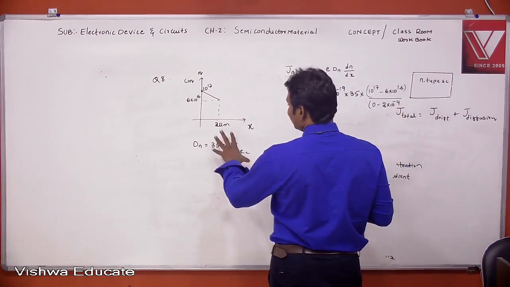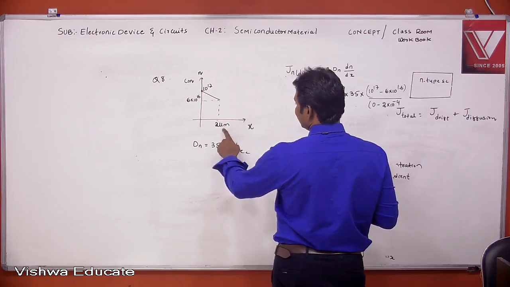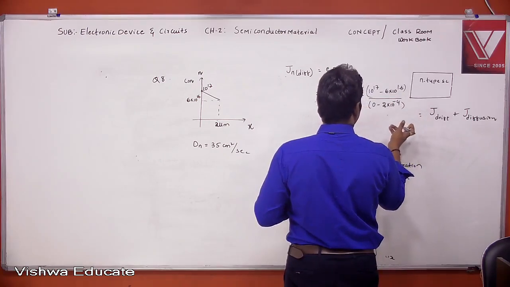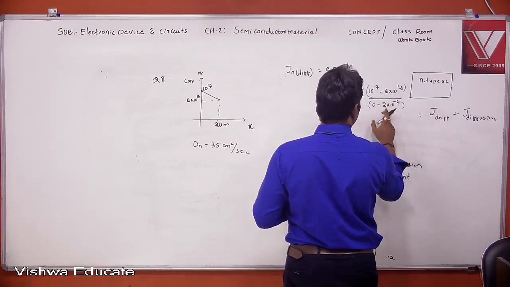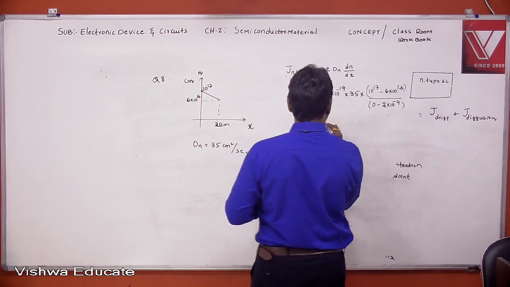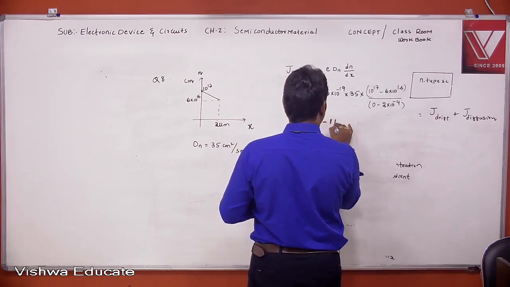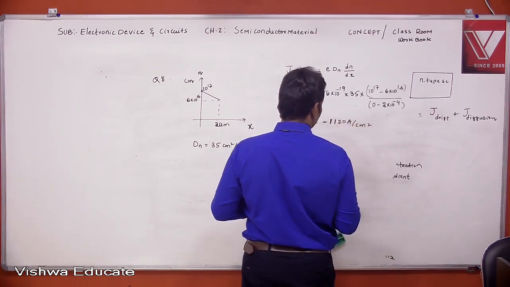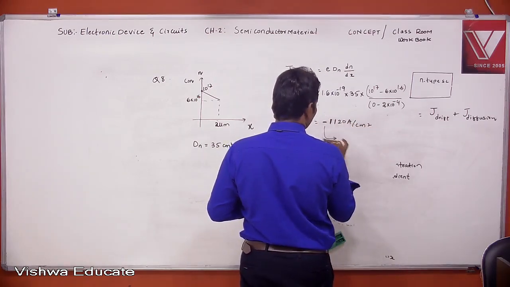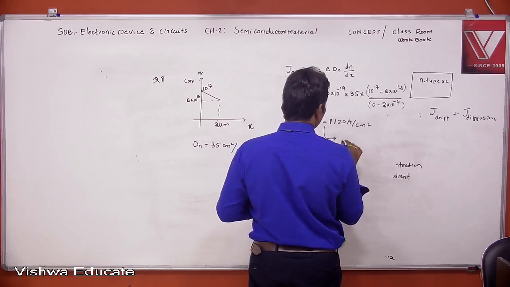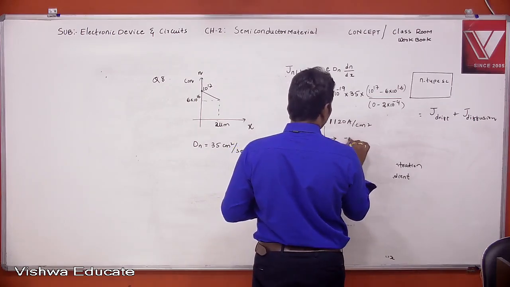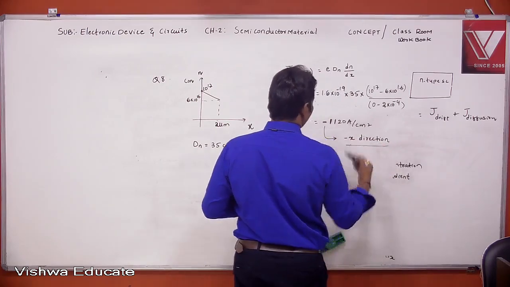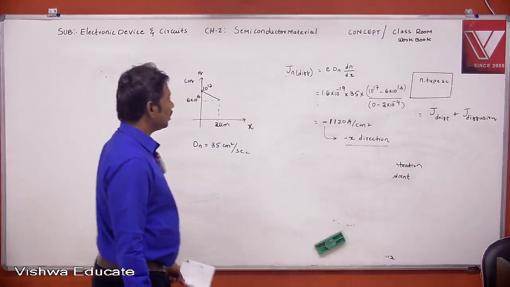Actually, here all parameters are in centimeters except the distance, so convert this also into centimeters, that is 2 into 10 power minus 4. Now what is the answer? That is minus 1120 ampere per centimeter square, right? This negative sign indicates that the diffusion current flows in the negative x direction. Negative x direction, right? Copy.